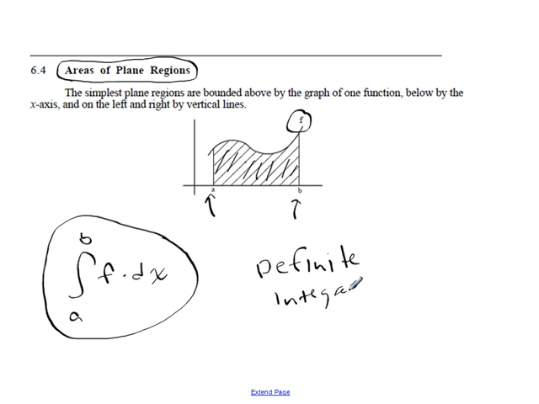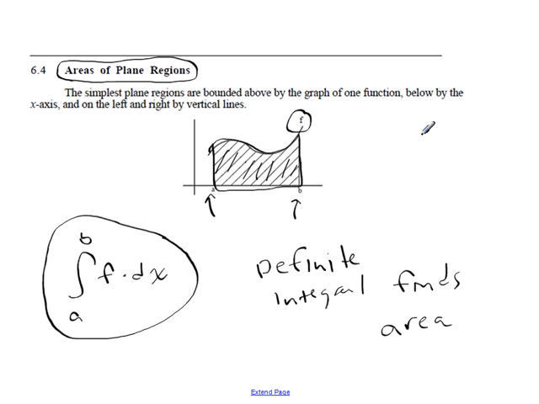But we want to expand our understanding so that we can think about more shapes. Right now, the definite integral only works when we have a curve and we're finding the area down to the x-axis.